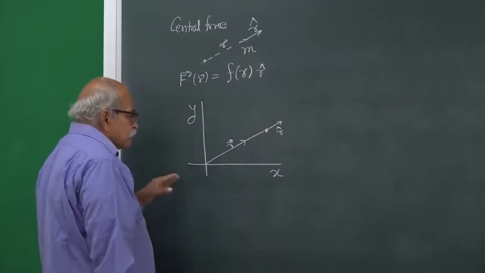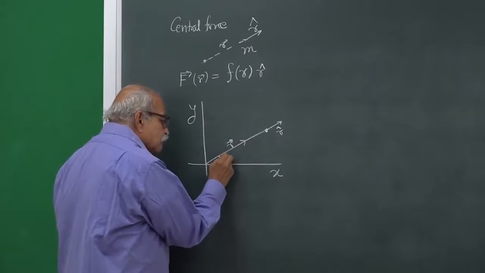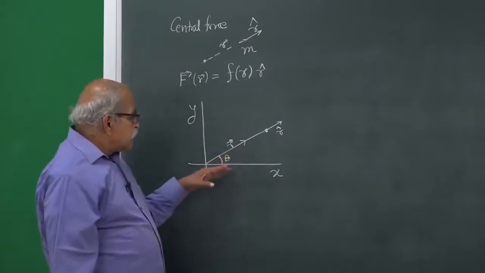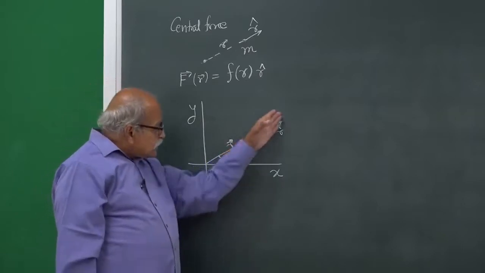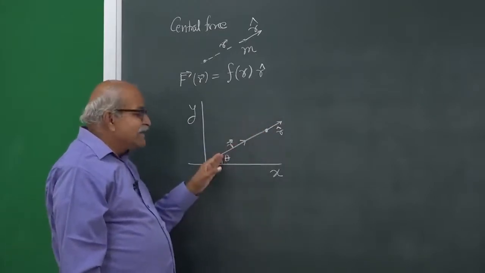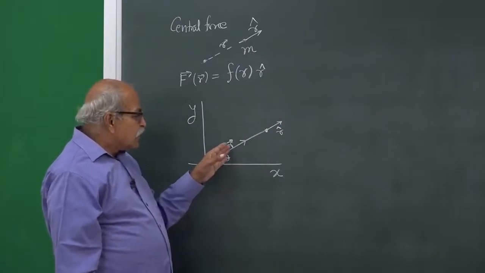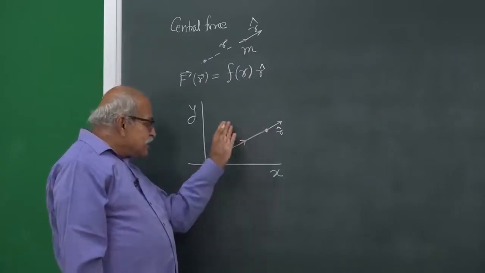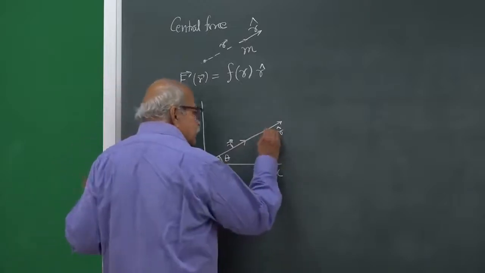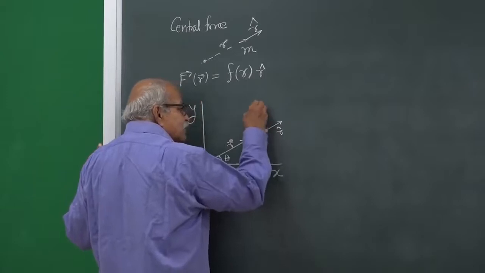and this angle I can call theta. If you do not increase the distance, but turn it so that this theta increases, in the direction in which r is not changing but theta is increasing, that means perpendicular to this, this direction is known as the theta cap direction.